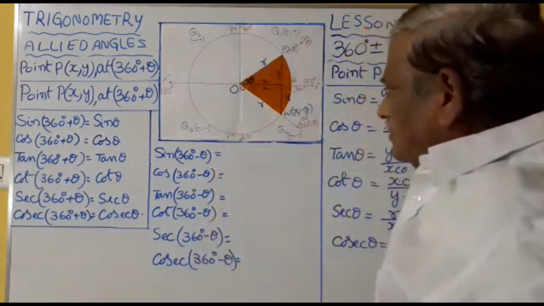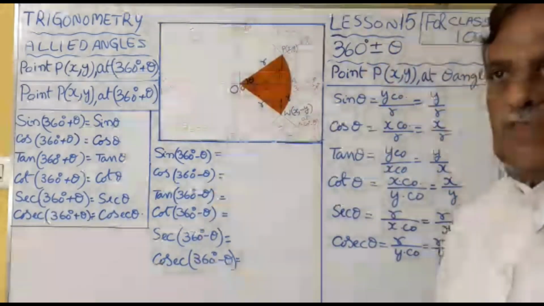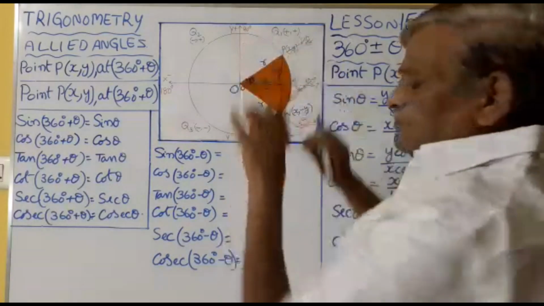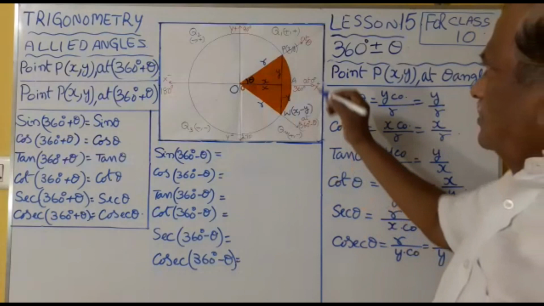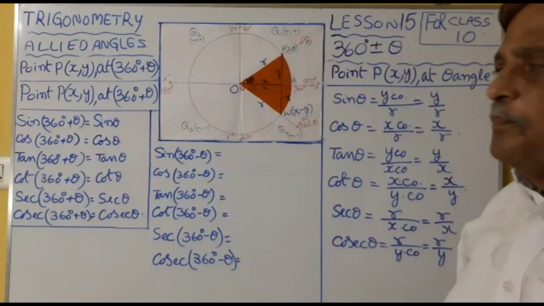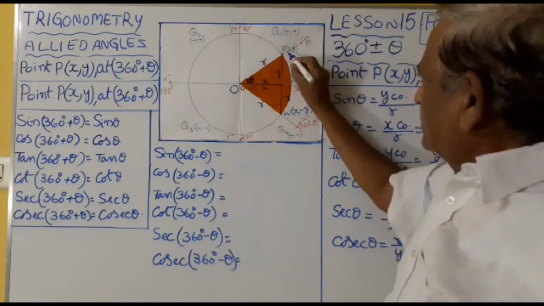Therefore, the complete sector retains its position. That is, the position of P does not change. Therefore, the coordinates in quadrant 1 do not change.